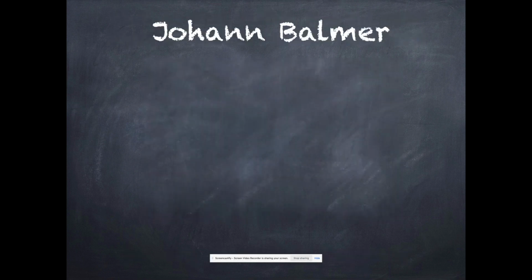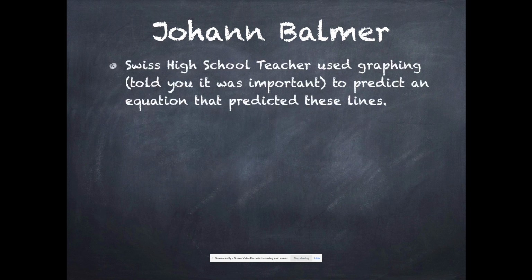Okay, Johann Balmer. Balmer was a Swiss high school science teacher, and he was playing around with this and discovered, doing graphing, and graphing's important, you know that, that he could predict the wavelength of each of those lines. They fit an equation.